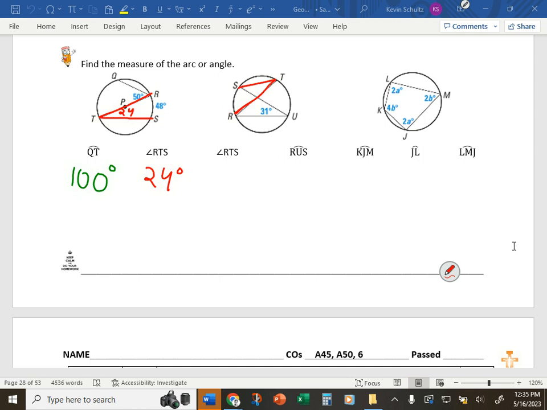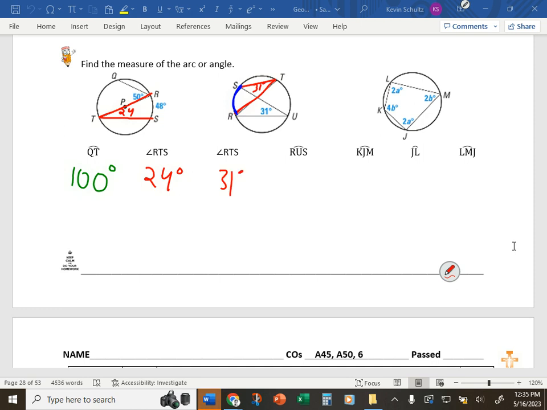Because they create the same arc. Very good. Because these two angles create the same arc, both of these angles create arc RS here. They're congruent angles. So if one of them is 31, the other one has to be 31 degrees as well. Okay?